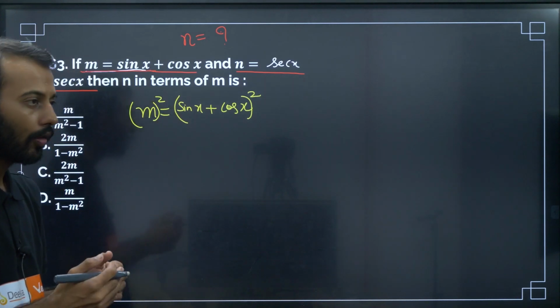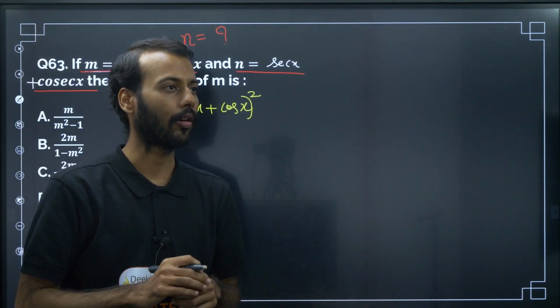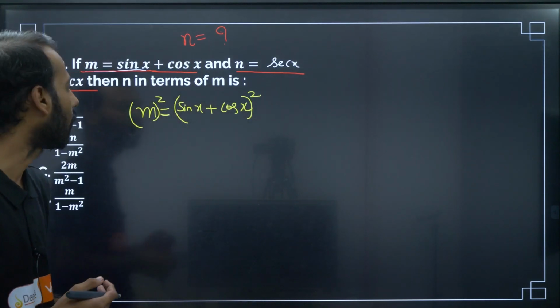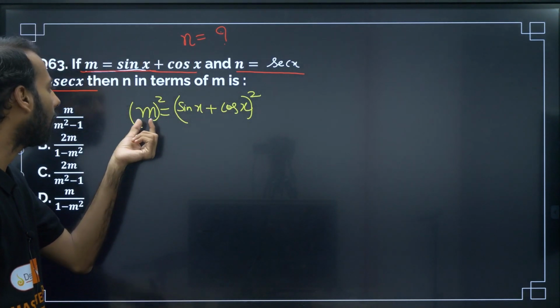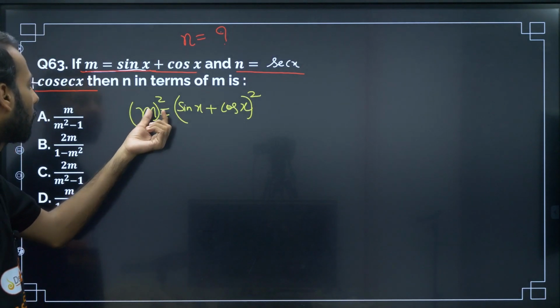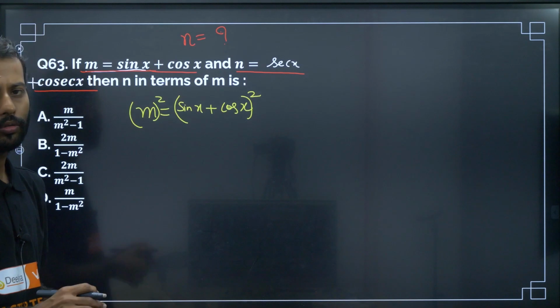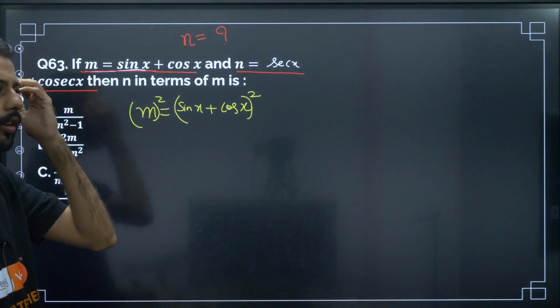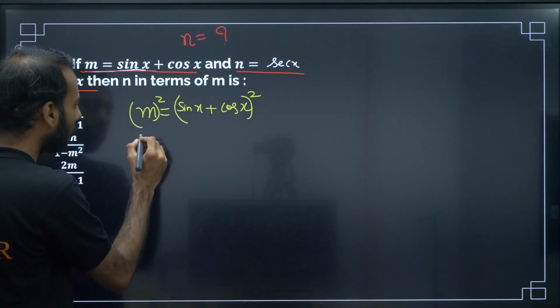This is a part of algebraic manipulation. For how to do manipulation, you have to practice a lot. Generally we go for squaring, adding, subtracting, all these stunts, so that we get some relation between m and n. What thought should come depends on a lot of practice. There is no shortcut for this. So let me write this.